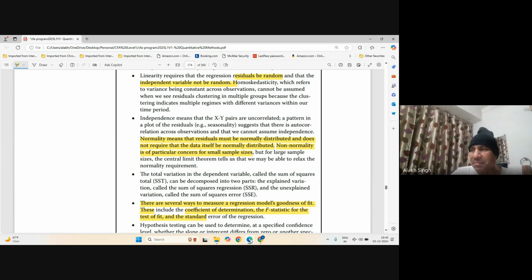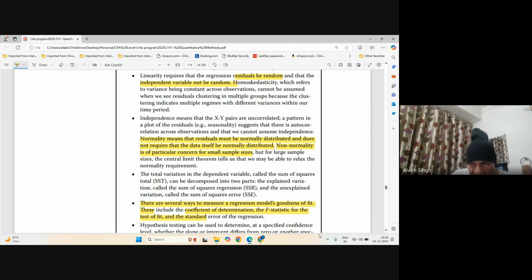It will be approximately normal, because the sample size is 35, so the sample mean will be normal. So the normality problem is only for small sample sizes, smaller than 30. If the sample size is large enough, the normality assumption will be automatically met.